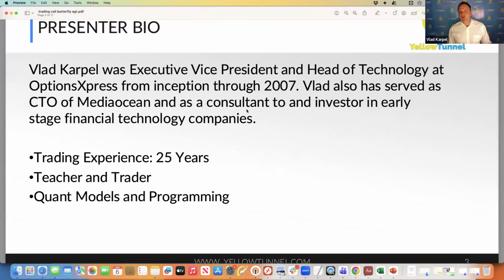Again, for those of you who are new, welcome. I see a lot of familiar faces, or at least names. Can't really see the faces, but my background, for those of you who are new, is in technology. I was executive vice president and CTO of several publicly traded companies here in Chicago in the fintech space. One of them was Options Express. I worked for different brokerages, firms, and hedge funds.